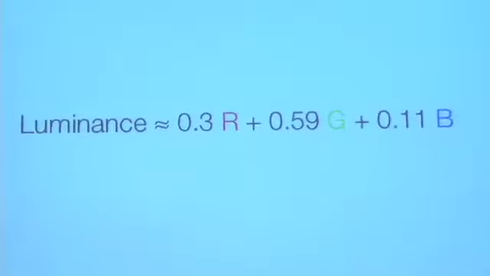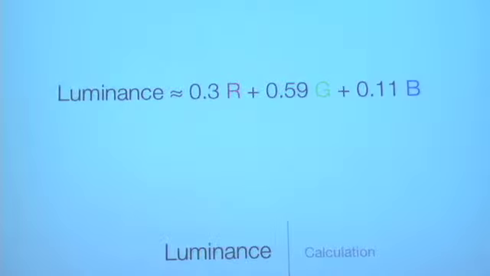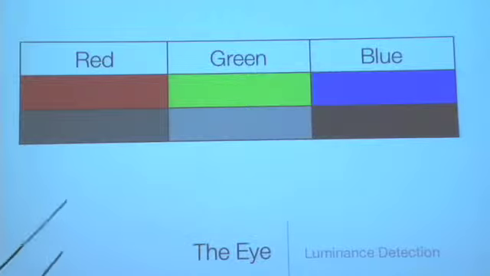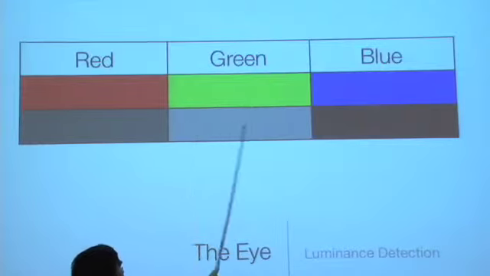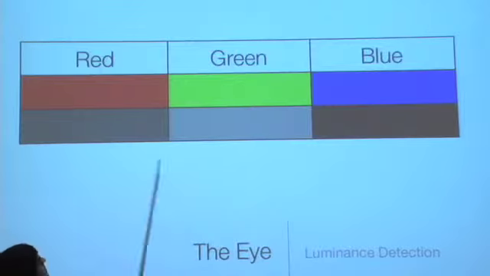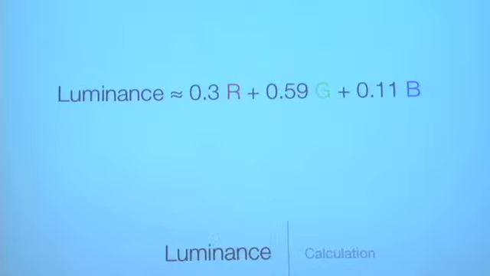On a scale of 0, which is completely dark, to 100%, which is completely light, this is about how much each of these colors contributes to brightness. So 60% is green, so the majority of the brightness comes to us from green. Then half of that is red, and then poor old blue over there has the short end of the stick, so to speak.